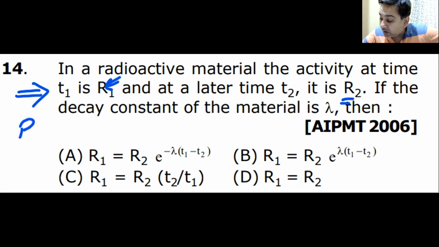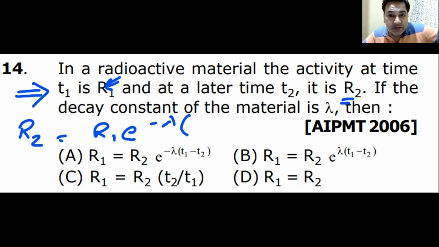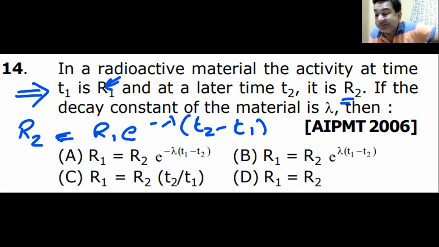Final activity R2 will be equal to initial activity R1 times e raised to the power minus lambda times how much time I have taken. The time taken is T2 minus T1. That is the original relation. But here, the relation is given in terms of R1, not R2. So I take the entire equation on the left hand side.